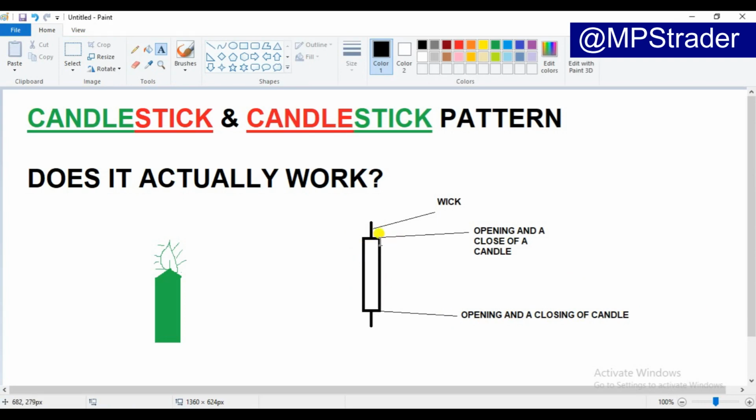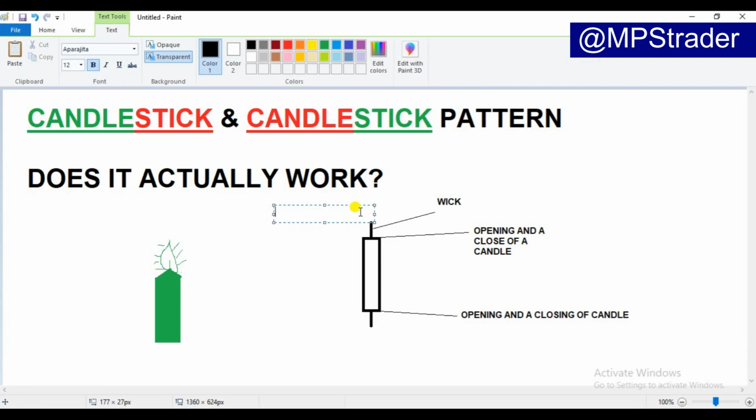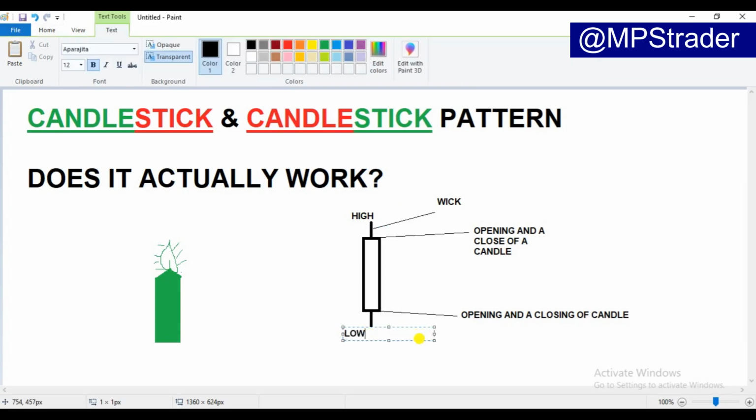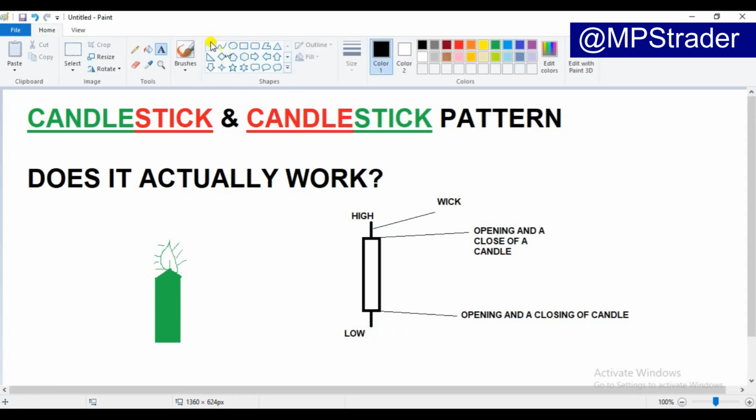This is a candle, this is the opening price, or this is the opening price, then this will be the closing price, and this will be the higher high, and this will be the lower low. Let me say this is the high of the market, and this will be the low of the market, right?